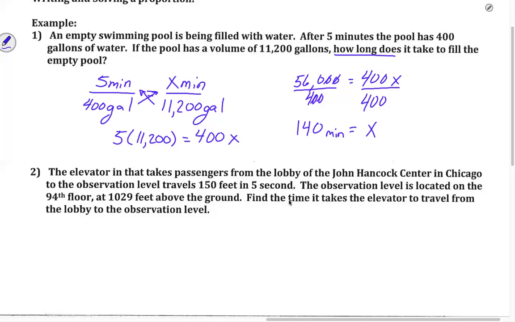How long is 140 minutes? I need to know, do I have time to go to Town and Country and get breakfast before my pool overflows? What? 2.5 hours. How do we get 2.5 hours? Well, there's 60 minutes in an hour.